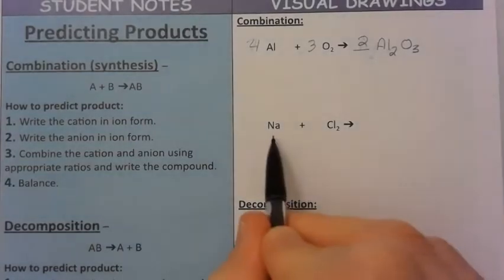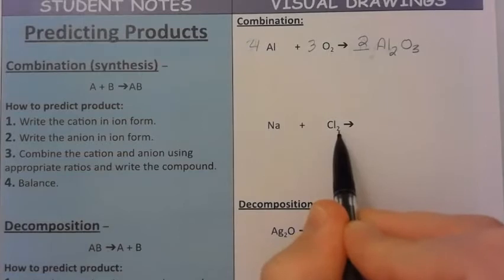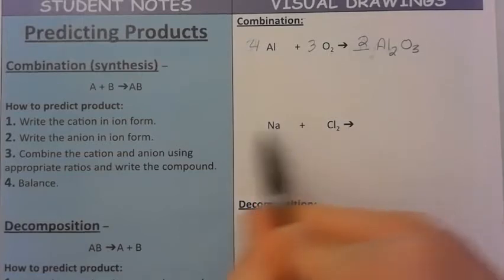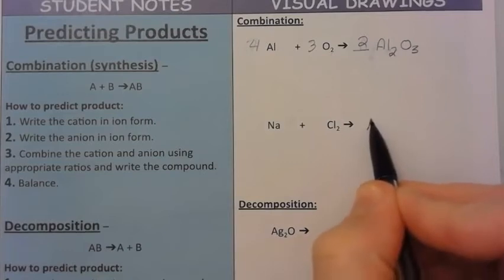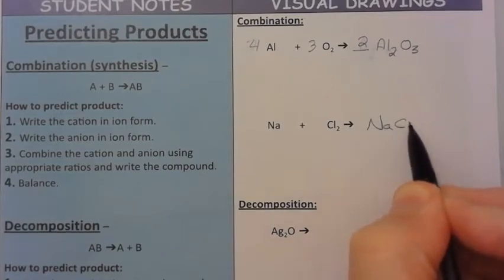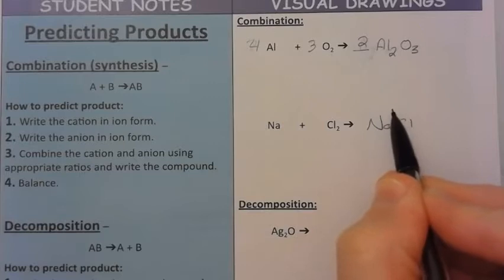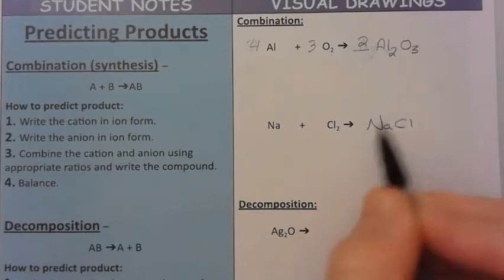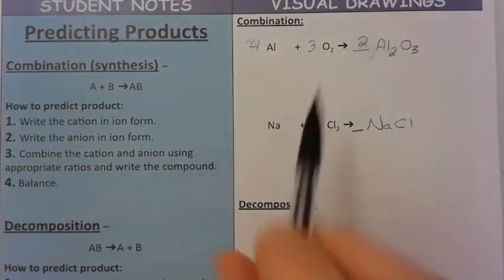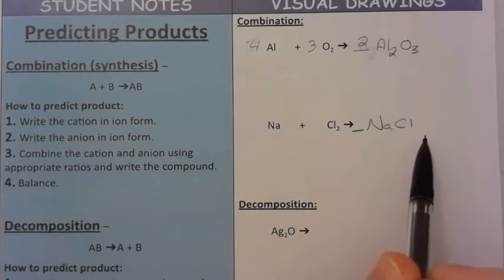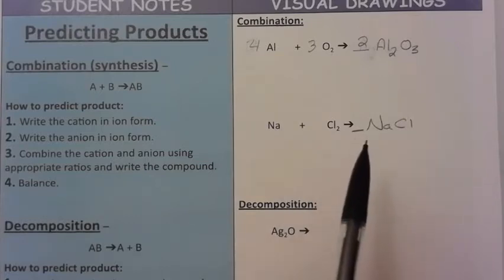Again, if we've got elemental sodium and elemental chlorine, these both have a charge of 0, but when they combine together, they're going to form a compound between sodium and chlorine. Sodium is a +1 ion and chlorine is a -1 ion, so that formula is just going to be NaCl. We have to fight the urge to create a product that already has a balanced set within it.